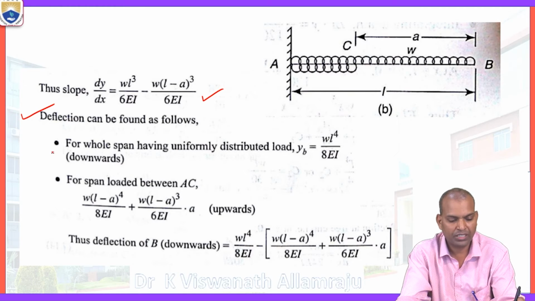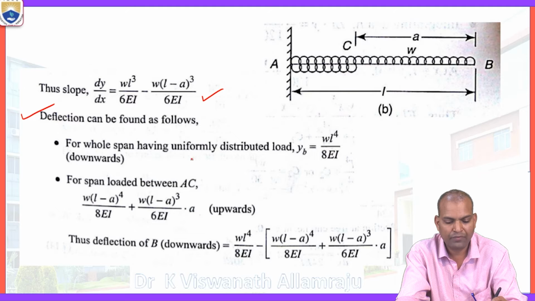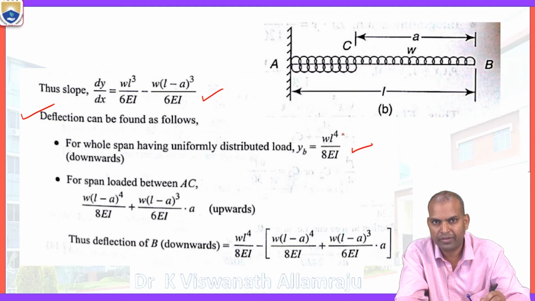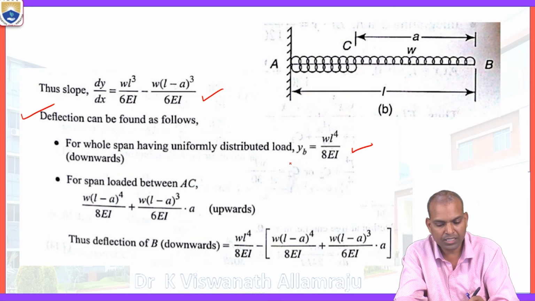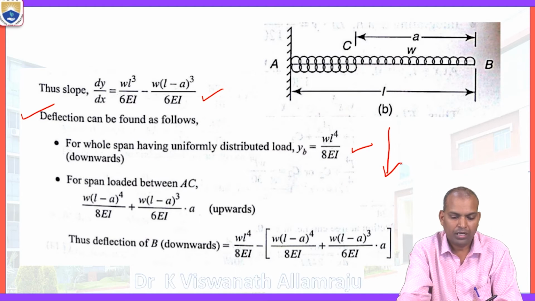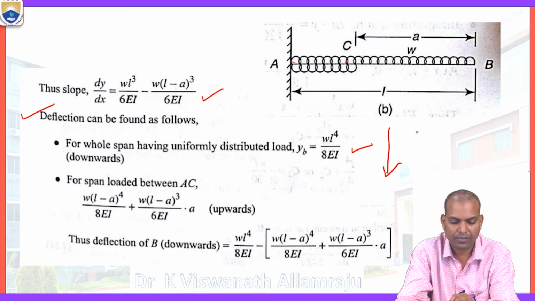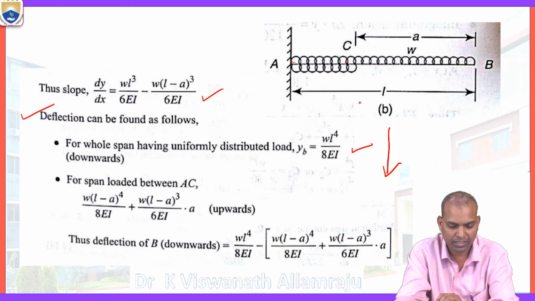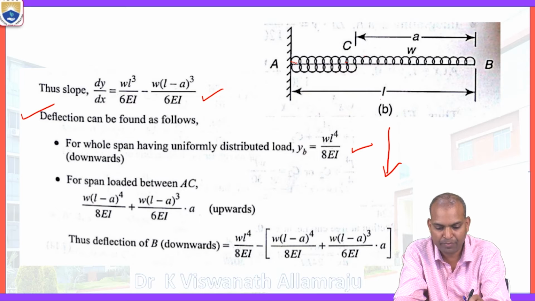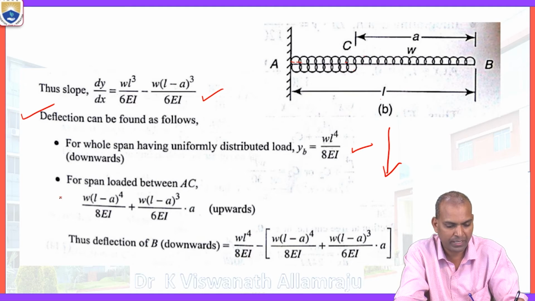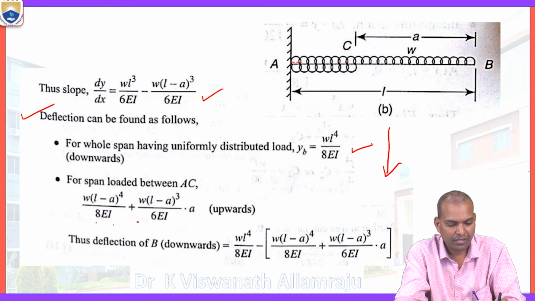How did we find the deflection? For the whole span having a uniformly distributed load, y_B equals WL power 4 by 8EI, acting downwards. Now for the span loaded A to C, it acts upwards: W times (L minus a) power 4 by 8EI plus W times (L minus a) cube by 6EI times a.